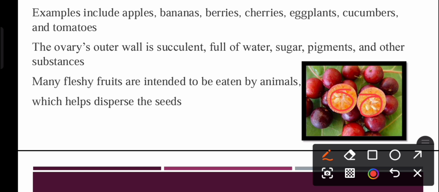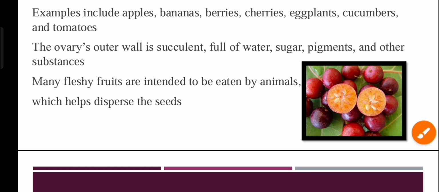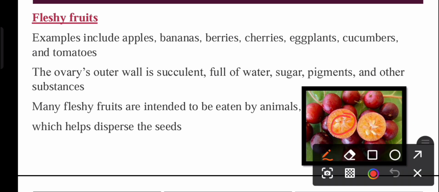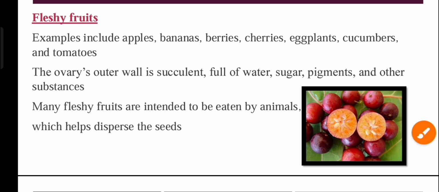Many fleshy fruits are intended to be eaten by animals, which helps disperse the seed. That helps reproduction and the production of new offspring or new plants, right? Examples of fleshy fruit are apple, banana, berry.